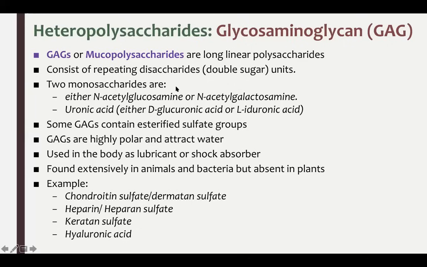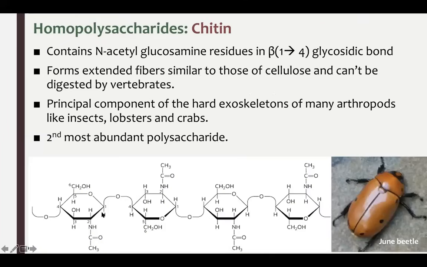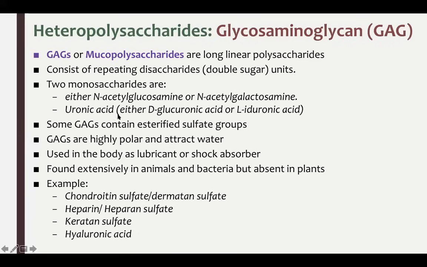In mucopolysaccharides, they contain two types of monosaccharide units. Usually you can find either N-acetylglucosamine or N-acetylgalactosamine. We have already learned about N-acetylglucosamine. If it is galactose, then it would be N-acetylgalactosamine.